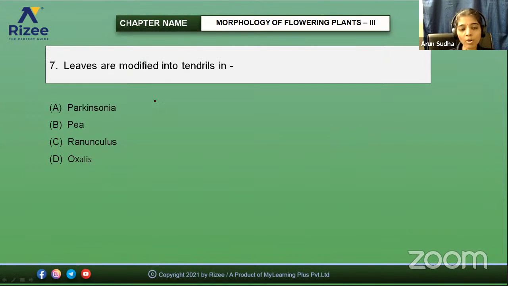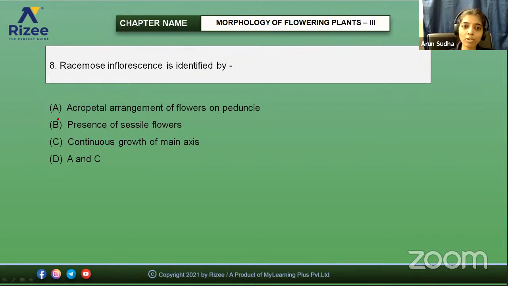So the leaves are modified into tendrils in Parkinsonia, pea, ranunculus, oxalis. Yes, option B. Good. Pea, the leaves are modified into tendrils. Racemose inflorescence is identified by acropetal arrangement of flowers and peduncle, presence of sessile flowers, continuous growth of main axis, A and C. So which is the correct option here?